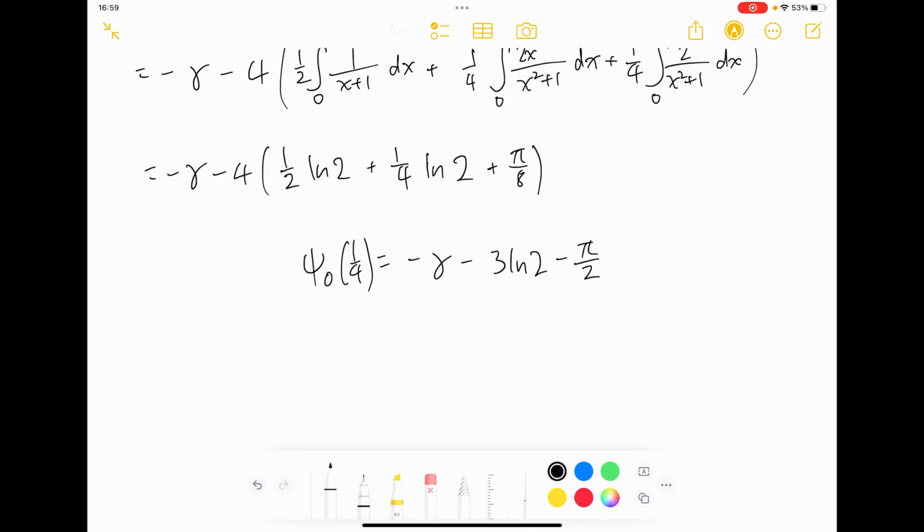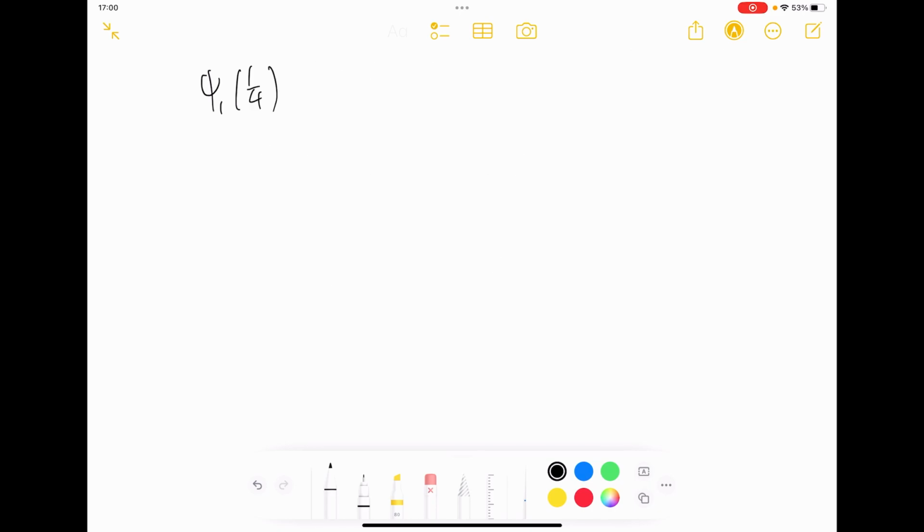And so let's find the next one. Let's find psi 1 of a quarter now. The way we're going to do this is find a relationship between psi 1 of 1 minus s and psi 1 of s, because there's a reflection formula that tells us that psi 1 of 1 minus s plus psi 1 of s is equal to pi squared times cosecant squared pi s.